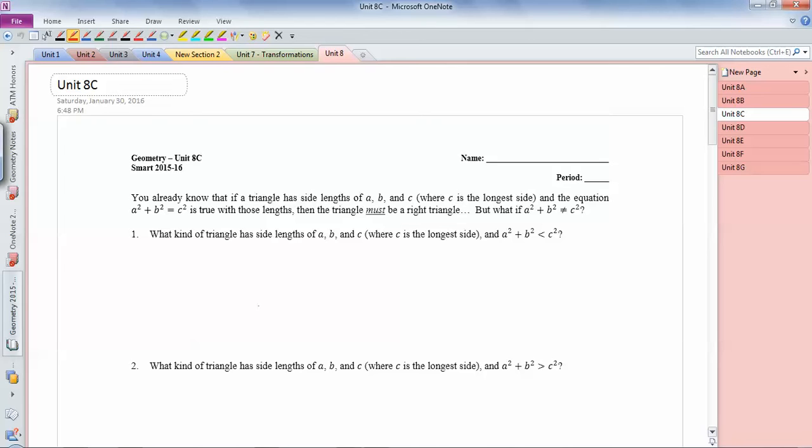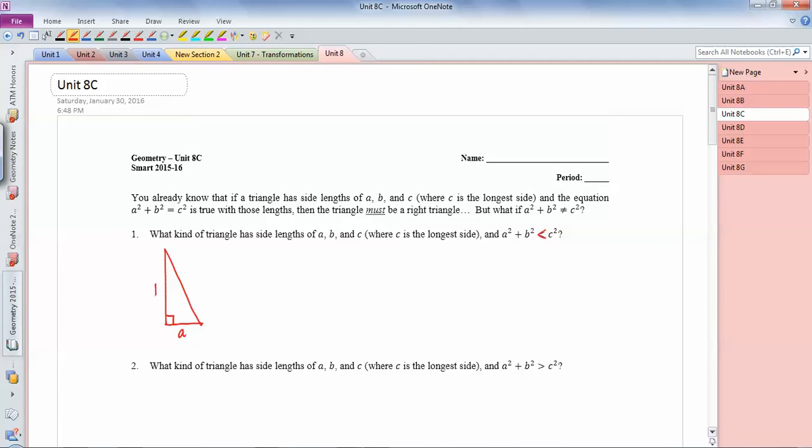So the first question is, what happens if you end up with it's less than C squared? The way to think about this, that I think is the easiest way to remember, is not to try to memorize a rule for if it's less than and greater than. Instead, it's to analyze the equation. If they were equal, think of A and B as locked in numbers, where you have a right triangle.